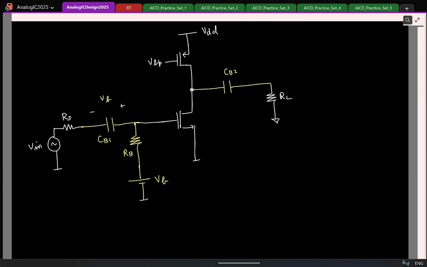Do you think there will be small capacitors or large capacitors? Really large. On chip it is difficult to have such large capacitors. So typically we try to avoid doing it. So usually this AC coupling is done off chip. So maybe on the PCB on which you have your IC, you do this AC coupling and then provide the signal to the chip so that the amplifier is happy here.